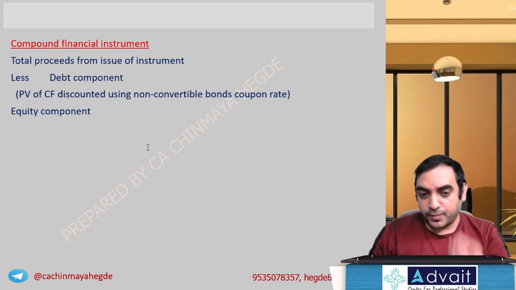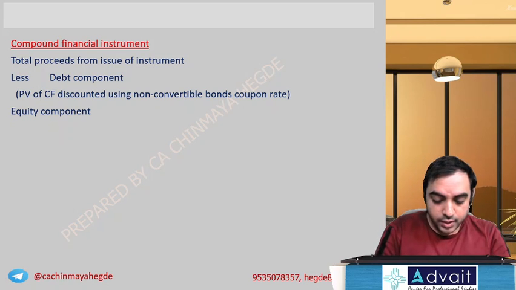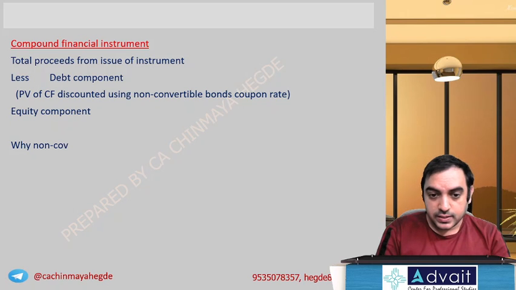Every problem will not be written, this being an initial problem. Why do we use non-convertible bonds' coupon rates for discounting?